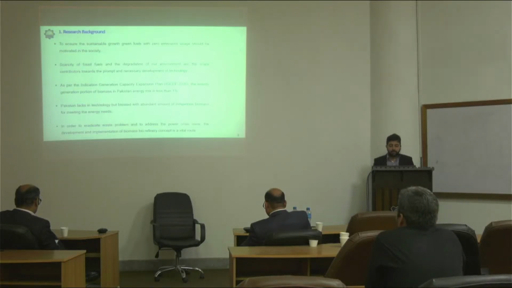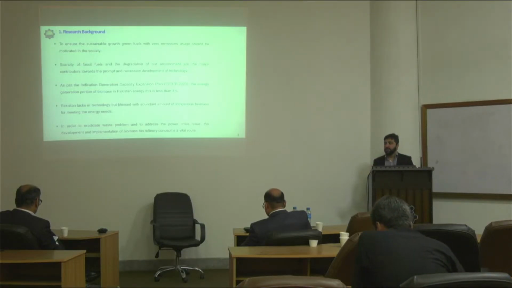The research background behind the research is that we have to achieve zero emissions in order to attain sustainability. There are many different ways, as mentioned in the Sustainable Development Goals, where we have 16 to 17 SDGs, and in that picture, I'm targeting the goal of clean and affordable energy.